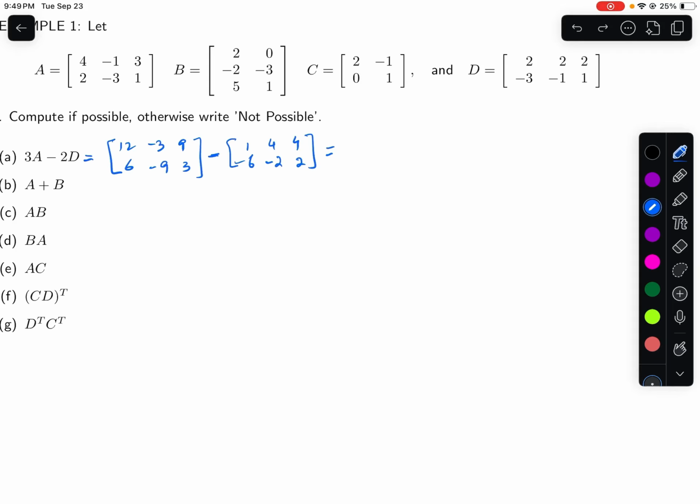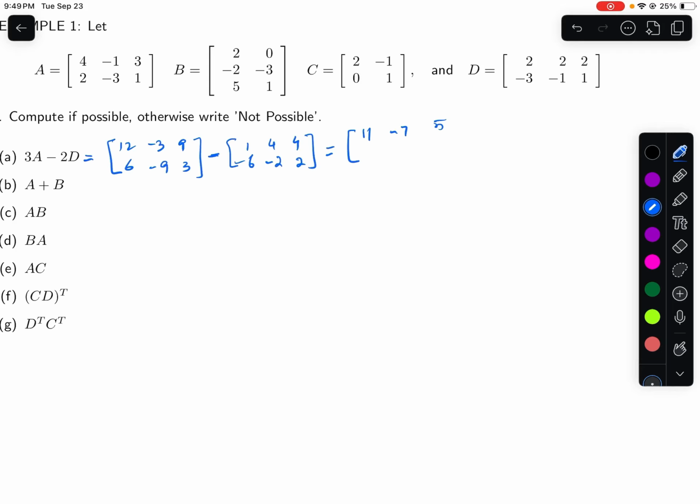Now, because this is a negative sign, we can think of it in two ways. We can have a plus sign here and then multiply each entry by -1, or we can just subtract the corresponding entries.